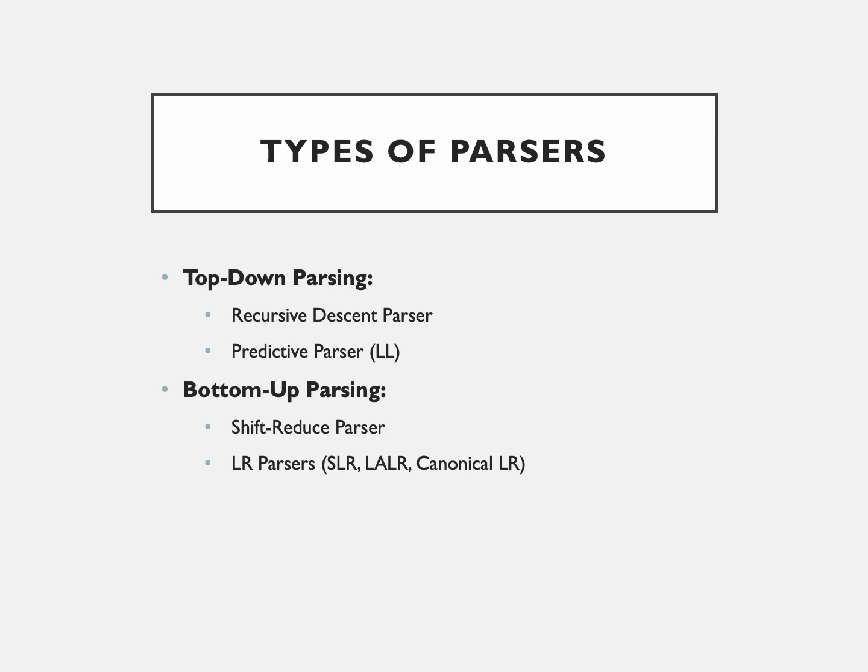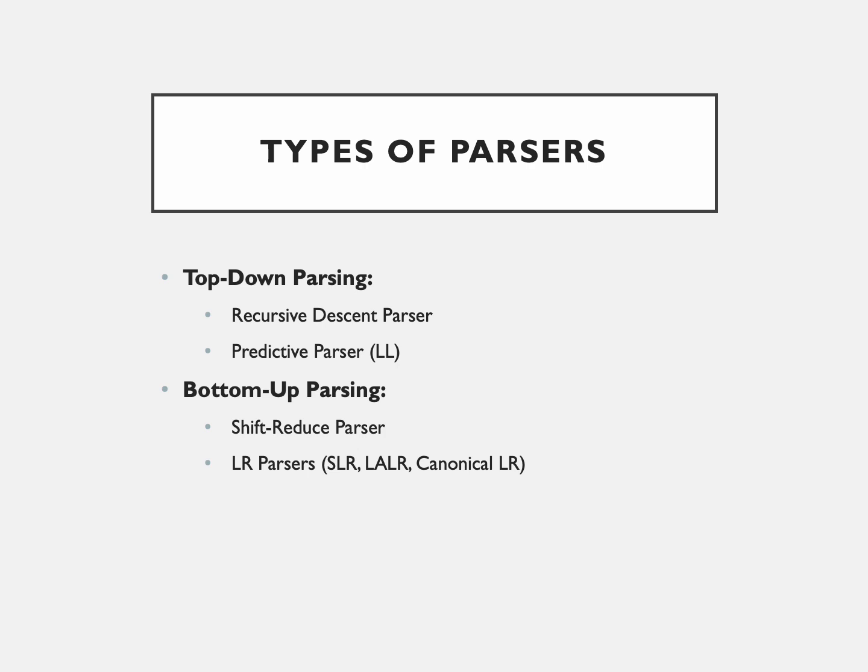Then the second one, the LL parser. This is a more advanced type of top-down parser that avoids recursion by using a look-ahead mechanism. It's suitable for a restricted class of grammars known as LL grammars.